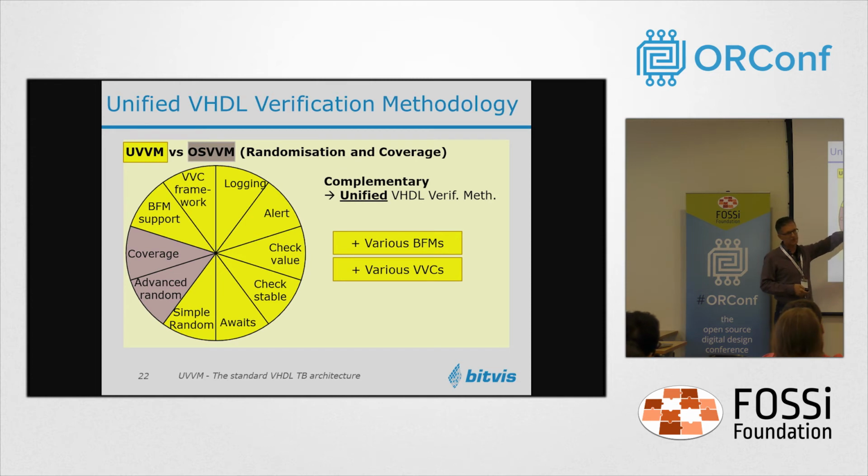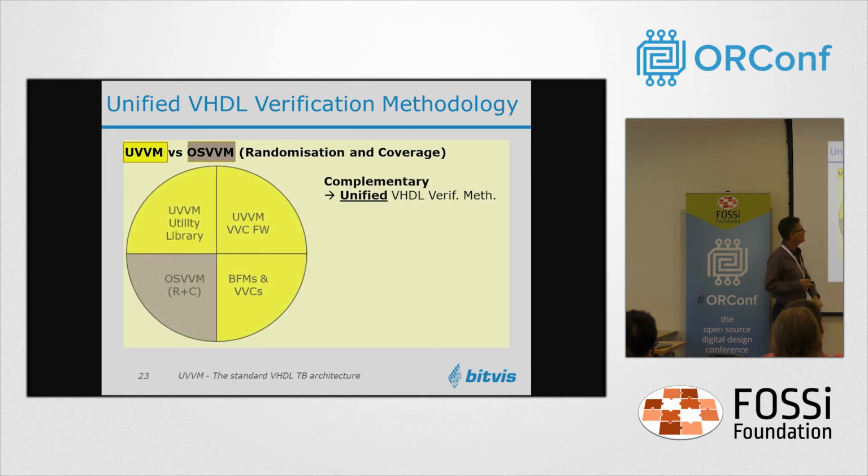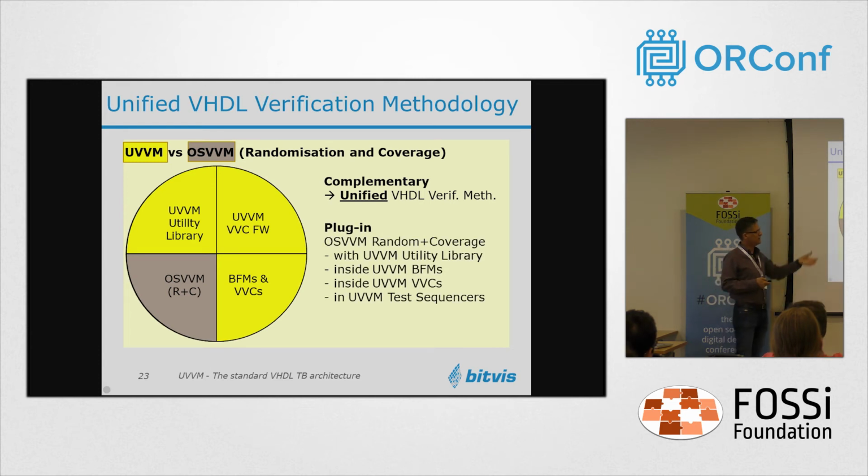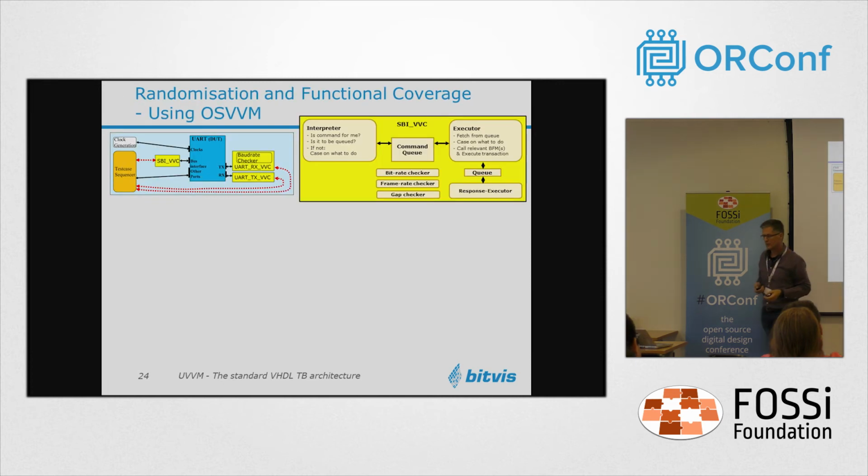So these are complementary, giving us what we call a unified VHDL verification methodology. In this way: utility library, verification component framework, the randomization and coverage, and the BFMs and verification components. So basically, OSVVM in this case would be a plugin in this system.